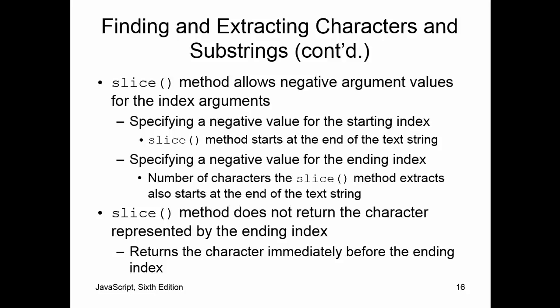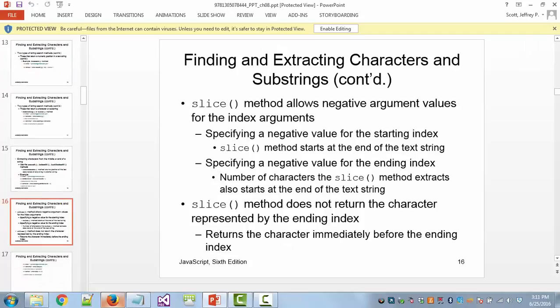So here's a couple more. Slice. Some of these methods you can use, and just so you know too, when we talk about strings, a string is a single collection of characters within double quotes or single quotes. So I could make a string.